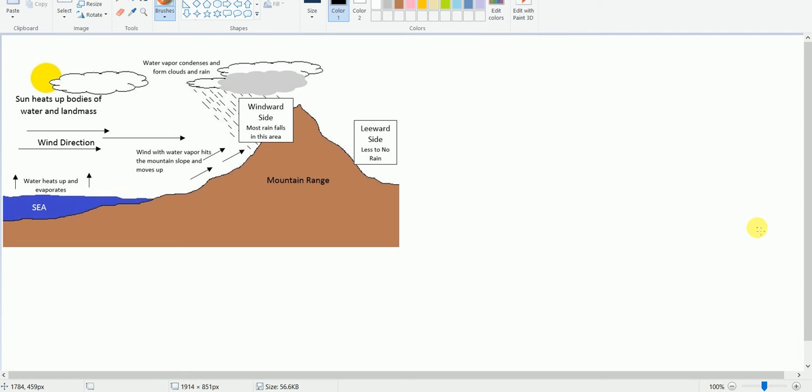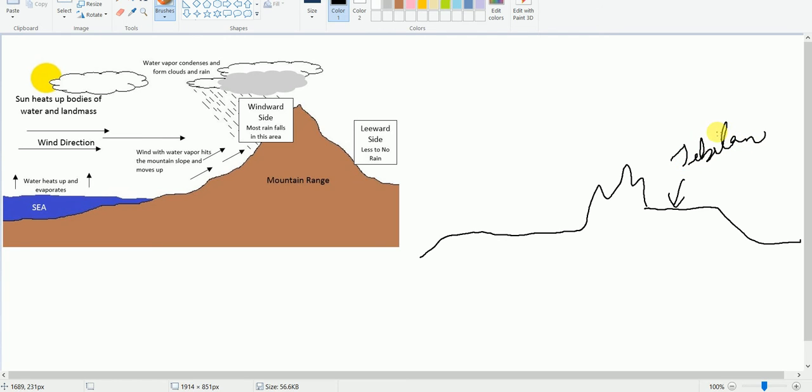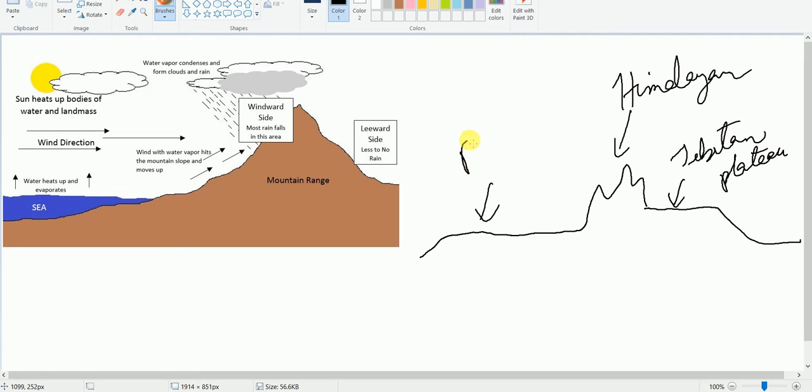Let us say here this is peninsular India, and here we have the Himalayan mountain, and this is the Tibetan plateau.